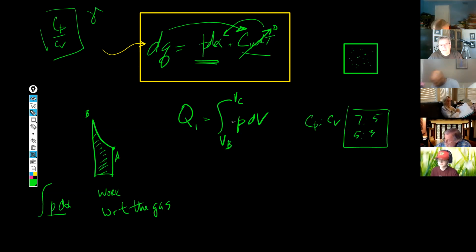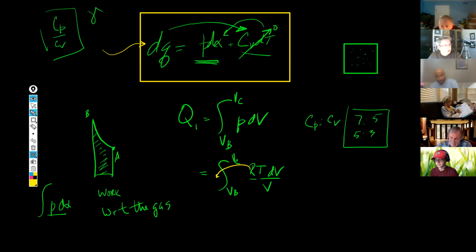Well, I don't know how to integrate this, but I can put the ideal gas law in here. P equals rho RT. So this becomes RT over V times dV. That makes me happy because R comes out. Why? It's constant. What about T? It's going to have to be constant because it's isothermal.